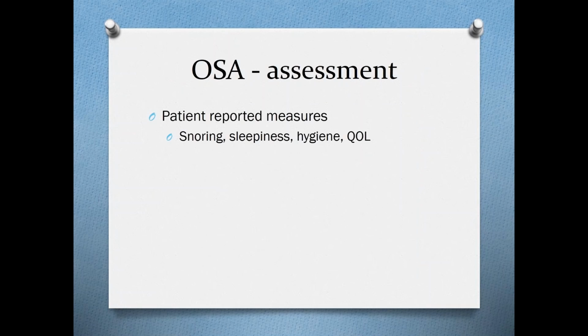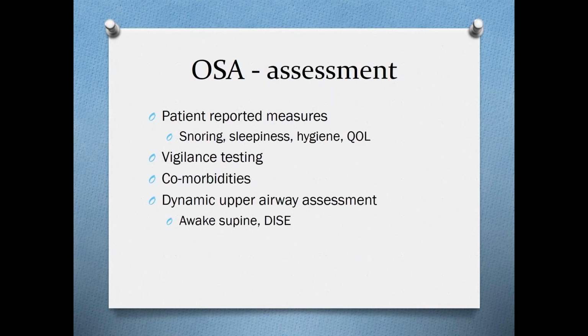OSA assessment, so we've talked about patient-reported measures. I get my patients to do a 2-minute vigilance testing on the computer, and just that brings up how delayed their reaction times are. Any comorbidities, cardiovascular or cognitive, and then dynamic upper airway assessment. So you can do it in the clinic, awake and lying down to mimic the sleeping position, or you can do a drug-induced sleep endoscopy.